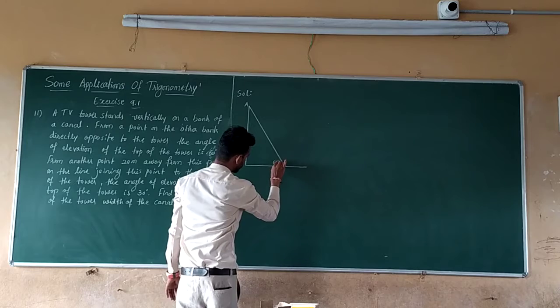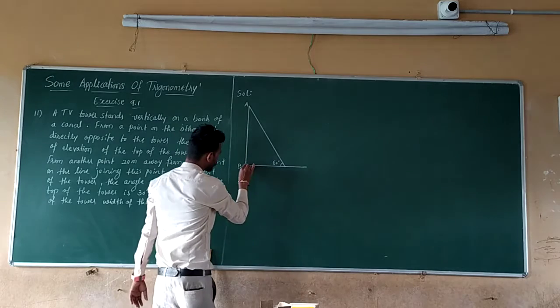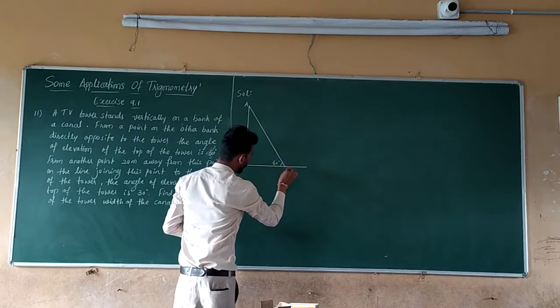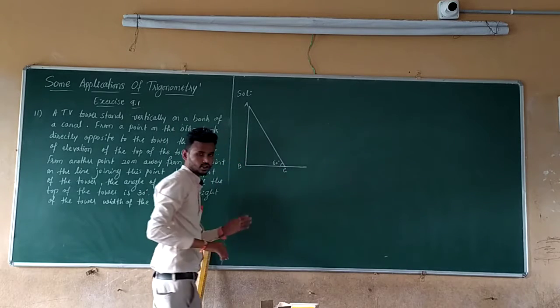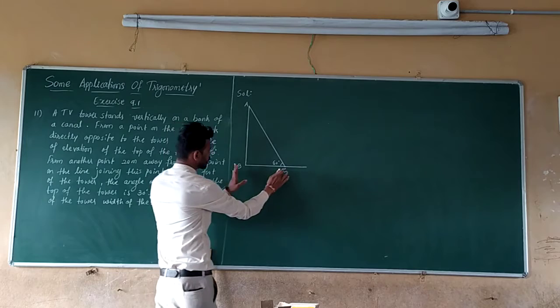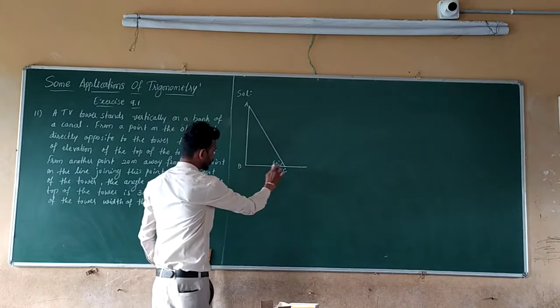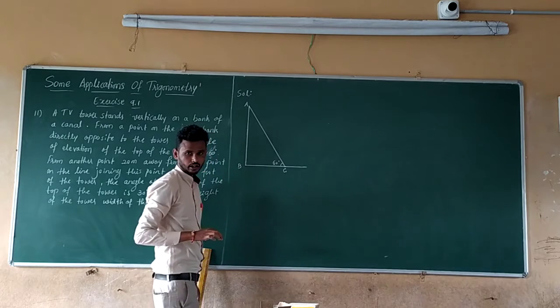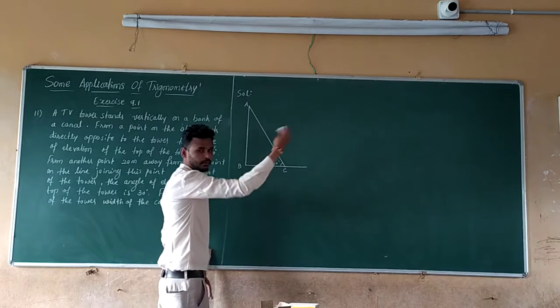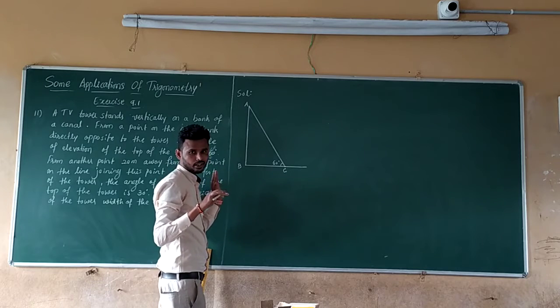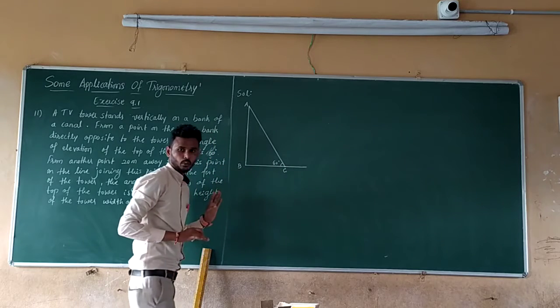This tower also stands on a bank, and this point C is also on another bank. That means this BC will be the width of the canal. Between these two is water, that means the canal is there. So BC will be the width of the canal.